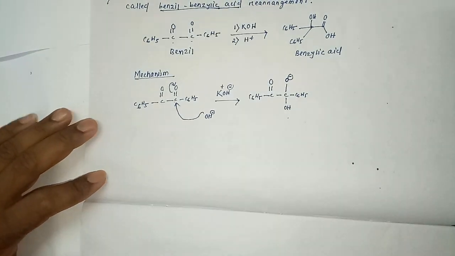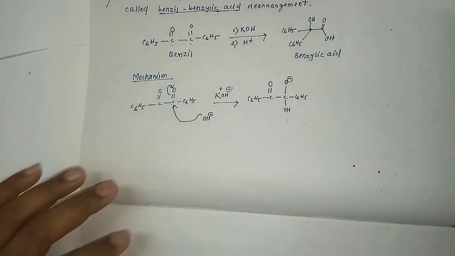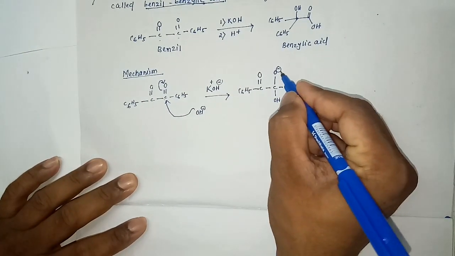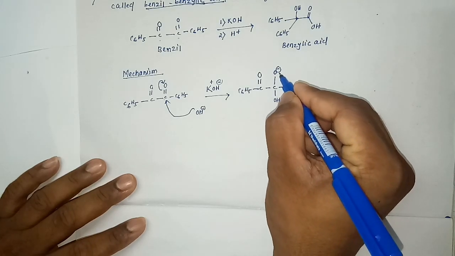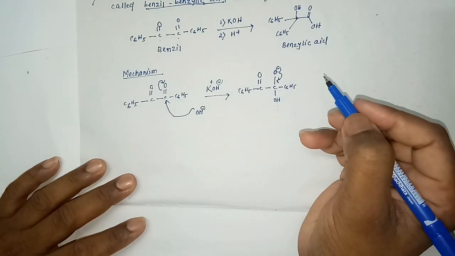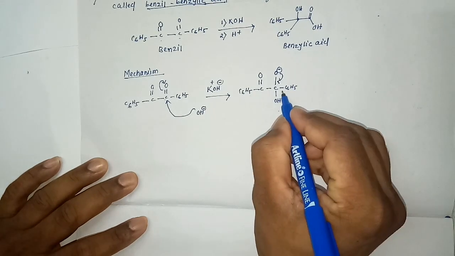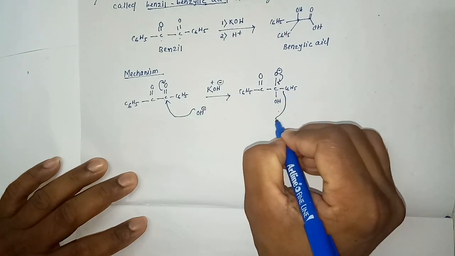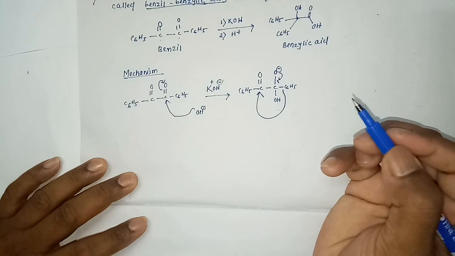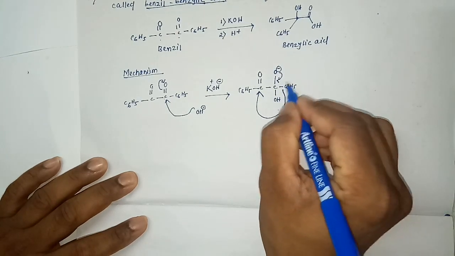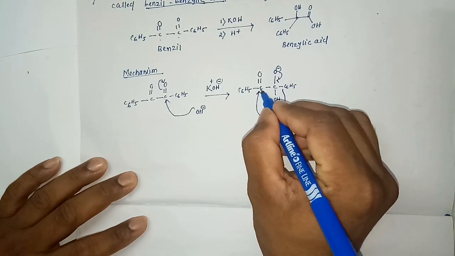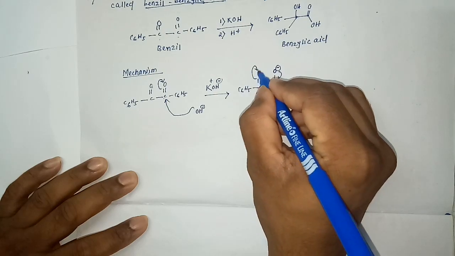This step is clear. After this, the negative charge comes down again, and this C6H5 group will migrate towards this carbon, and this double bond shifts to this side. So this is the mechanism.